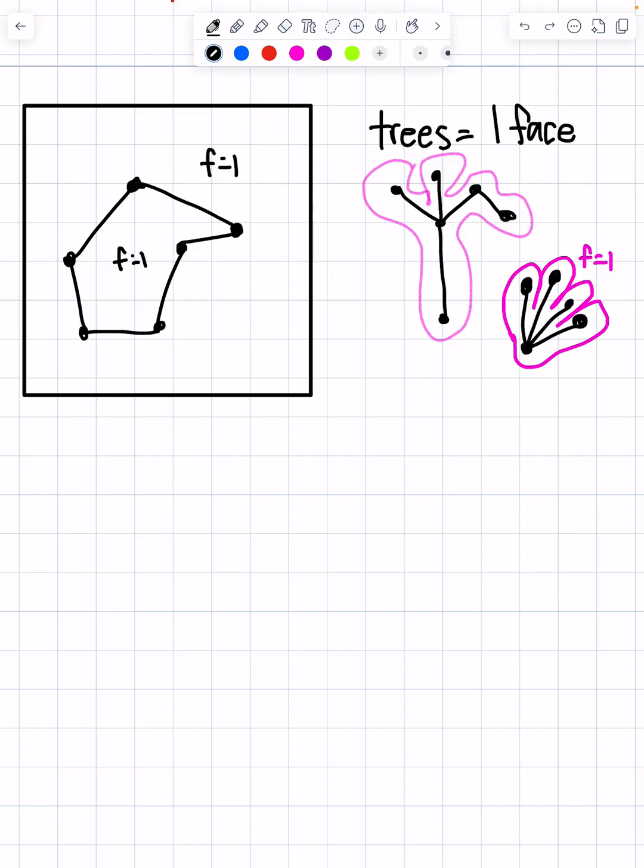I'll write them down so you guys can see if you actually understood the materials. Next time, we're going to learn about Euler's formula, and we're going to learn about the more things we could do with vertices and edges.